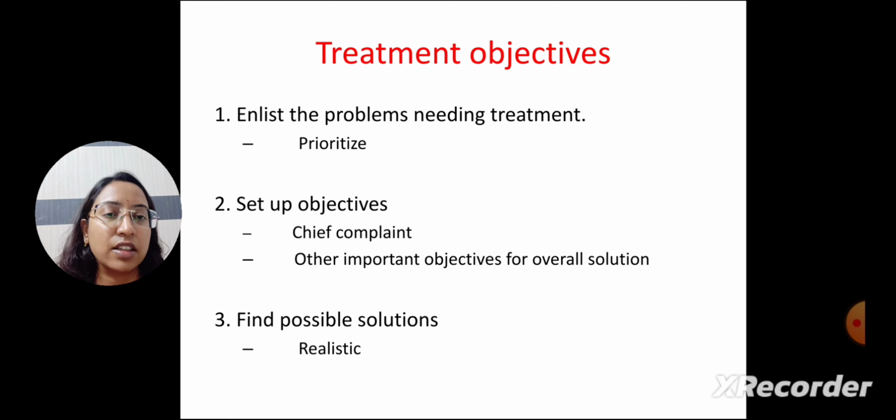That is very unrealistic. In this case, when there is no growth, our next step would be to plan an orthognathic surgery. So whatever treatment plan we are giving has to include all the objectives that we are prioritizing and also be realistic.